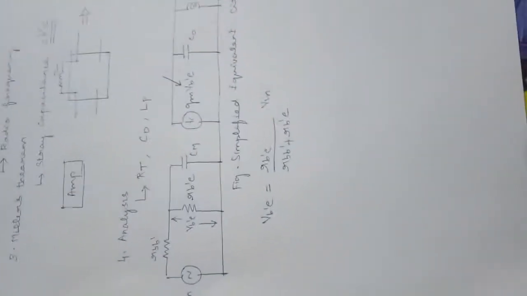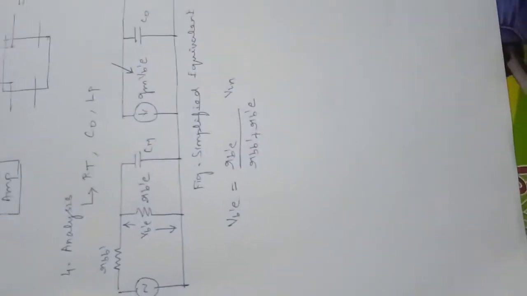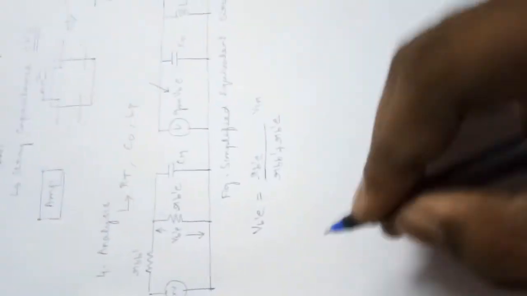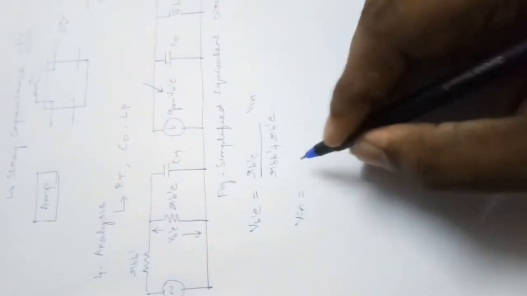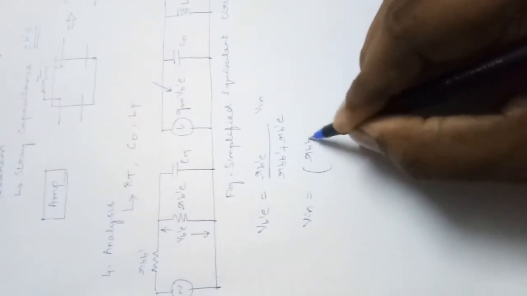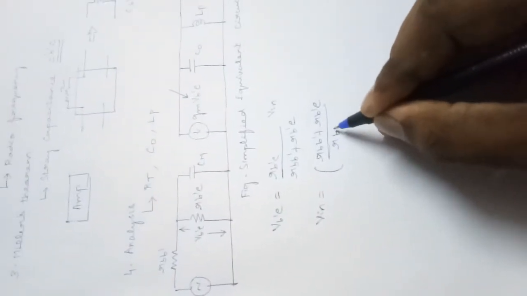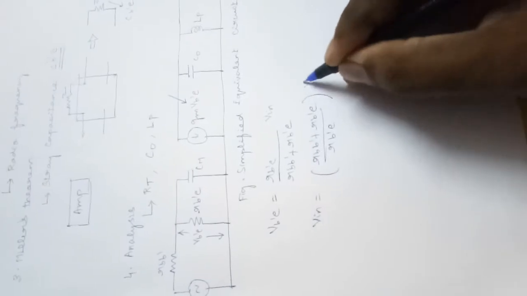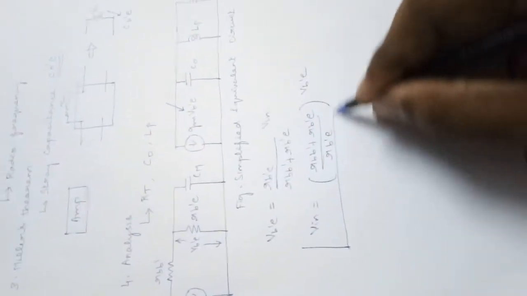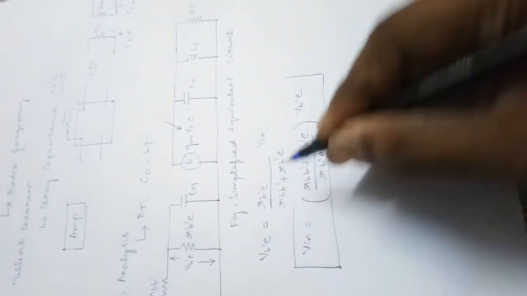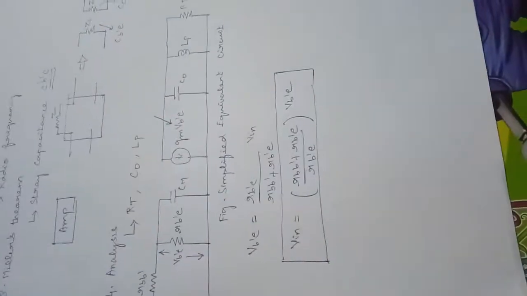The reason Vb prime E needs to be computed is to obtain the input voltage Vin. From this equation, Vin can also be written as Rbb prime plus Rb prime E divided by Rb prime E, multiplied by Vb prime E. So this will be the input voltage of a tuned amplifier.